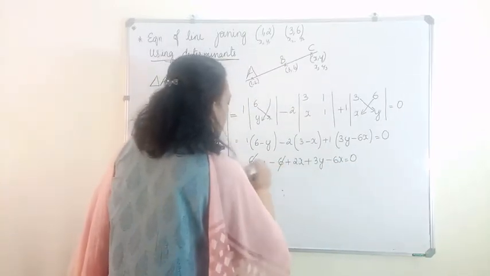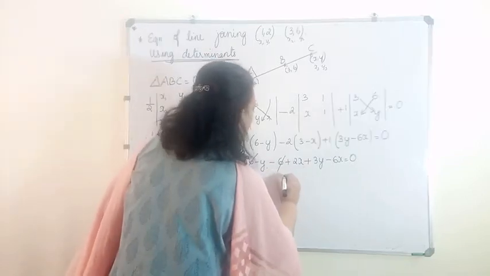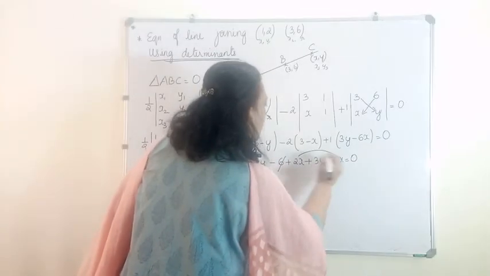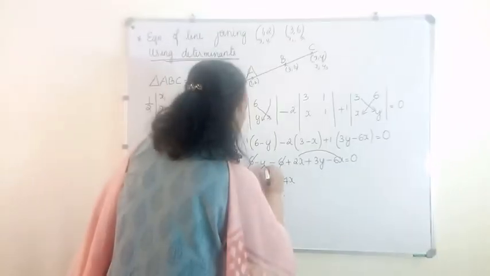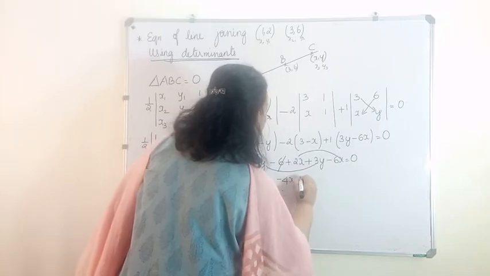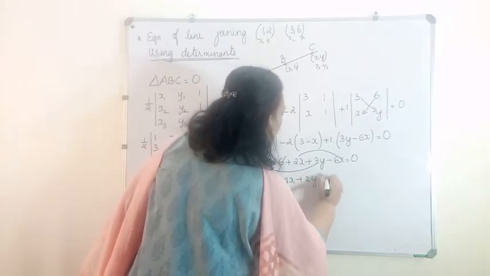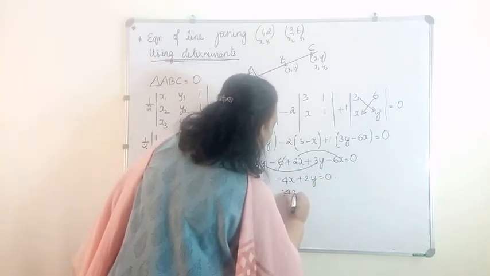Plus 6 minus 6 cancel. 2x minus 6x is equal to minus 4x, minus y plus 3y is plus 2y, is equal to 0.